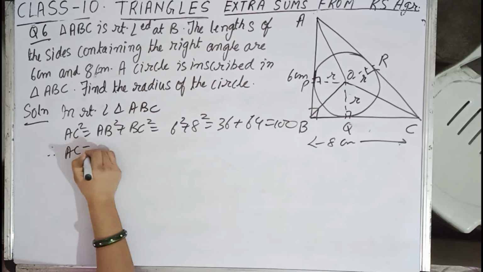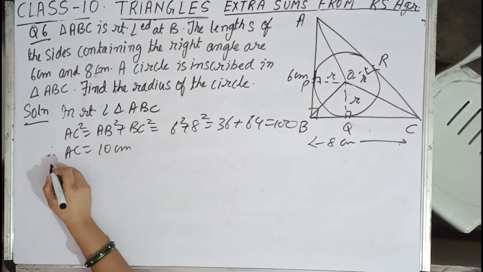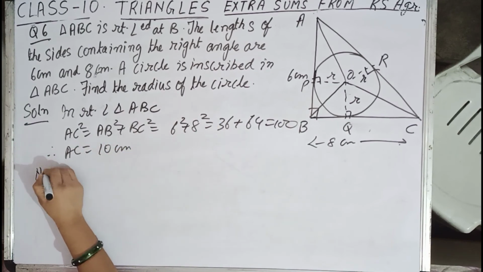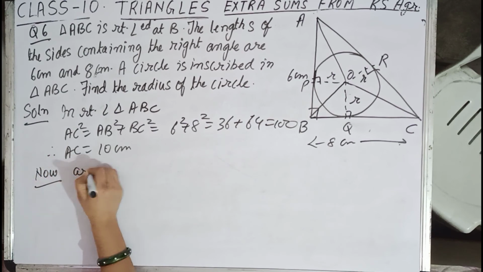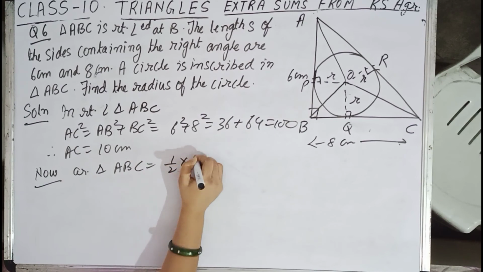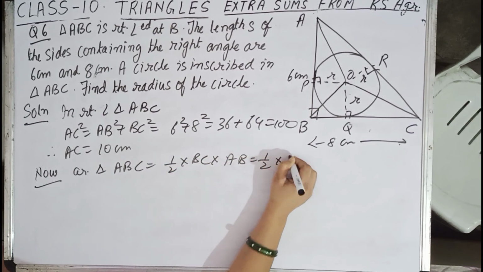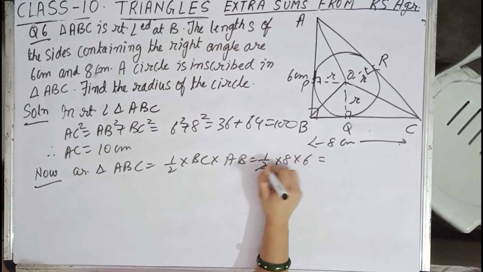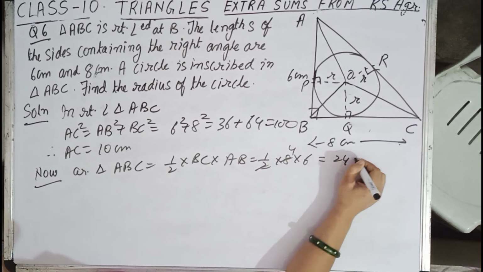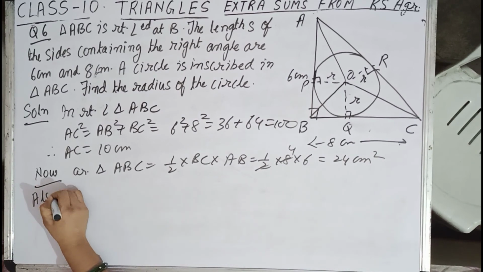Therefore AC equals 10 centimeter. Positive, since the length of a side should be positive. Now area of triangle ABC is equal to half into base into height equals half into 8 into 6 equals 24 centimeter square.